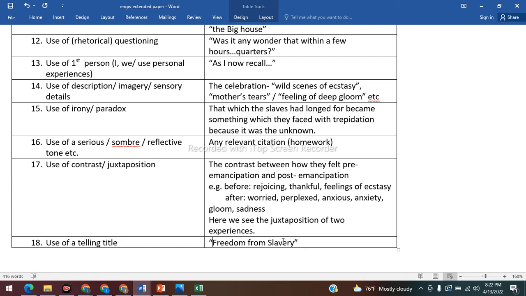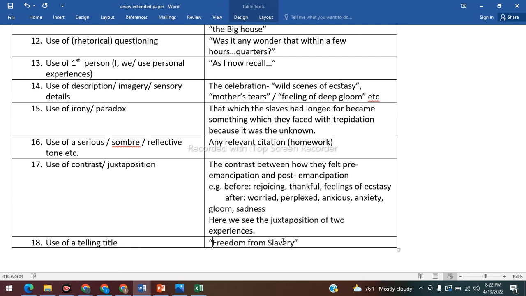So he entitled the article "Freedom from Slavery," and the effect of that is that it could draw readers' attention, and it could create ideas in the reader's mind, like, I wonder what it was like to be freed from slavery for real.